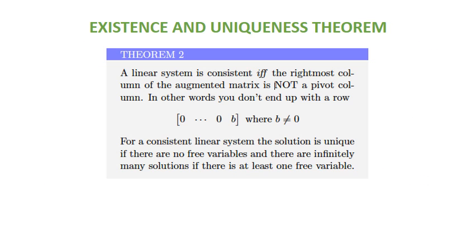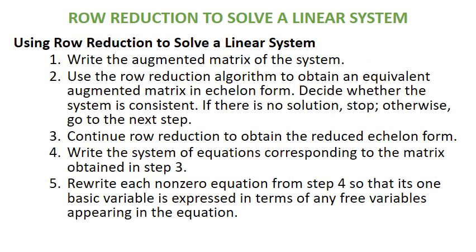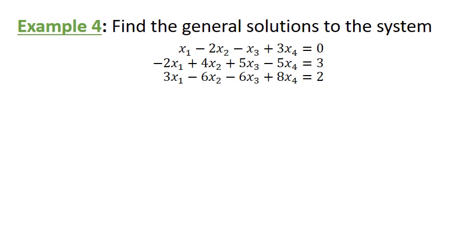Here is Theorem 2, which is stated here. You can take a moment and read through this. This basically shows you the steps of using row echelon form to solve. And in this example, it says find the general solution to the system.